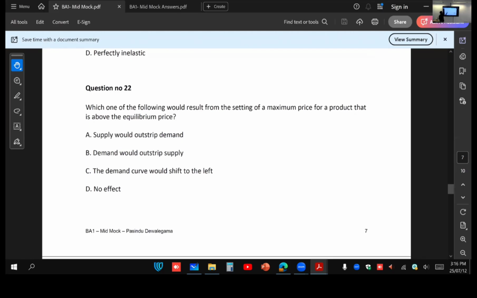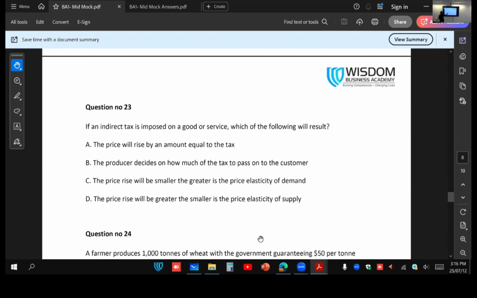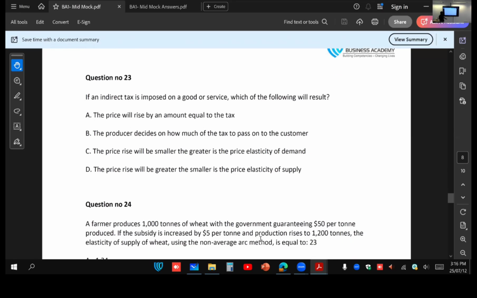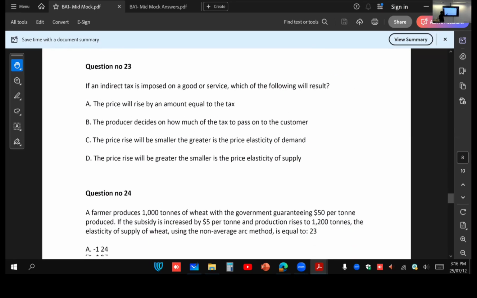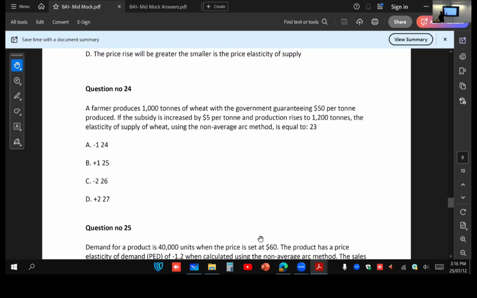Question 22. Which one of the following? Same, no? Perfect. So if you incorrectly do the previous one, you get it doubled. If an indirect tax, it's the same one thing. Very good. This was also the same. Figures different.